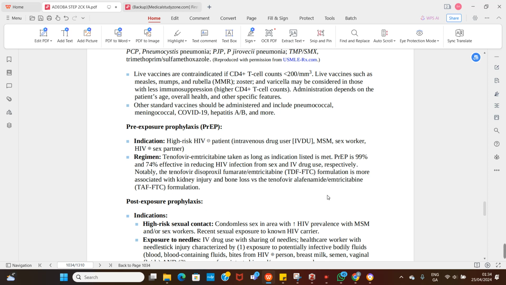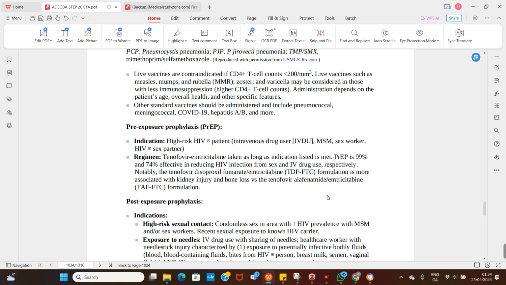So most of the time, if it's a one-off process, for example, they just want to have sex with male, want to have sex with another male now, so they can use their PrEP and they can continue the PrEP for 28 days and they stop.